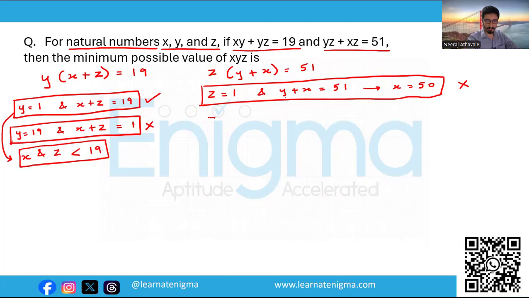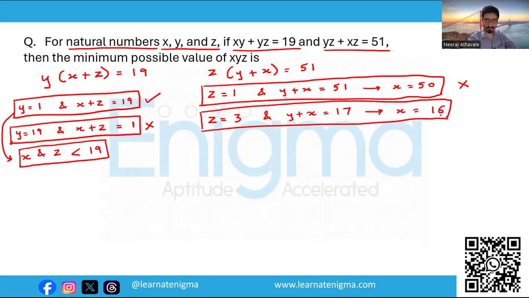Next case, z is equal to 3 and y plus x is equal to 17. Okay. Now y is 1, therefore x comes out as 16. Now it is satisfying this criteria and therefore this is a possible scenario.